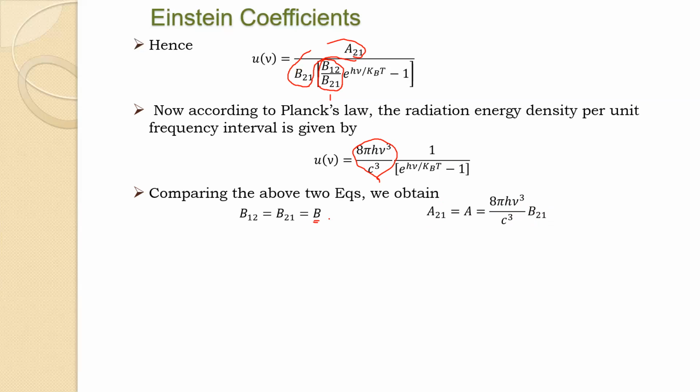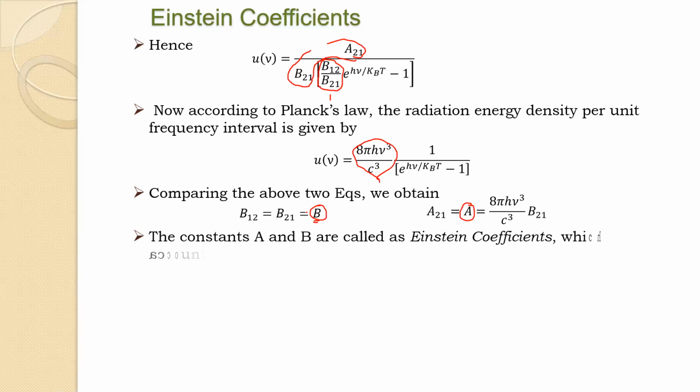Here the coefficients A and B are called Einstein coefficients, which account for spontaneous and stimulated emission probabilities.